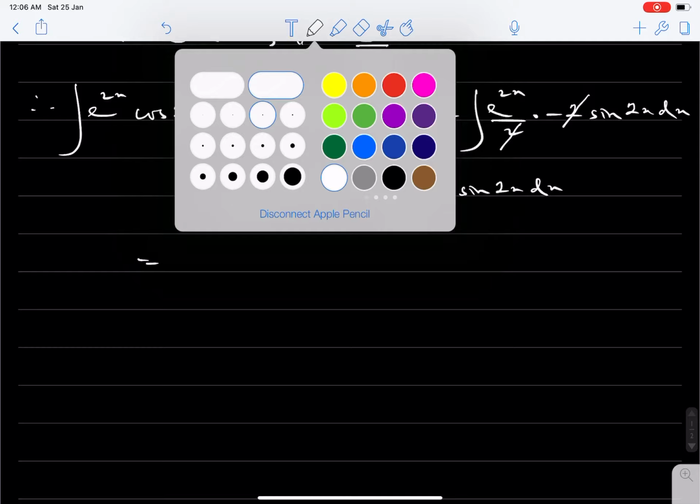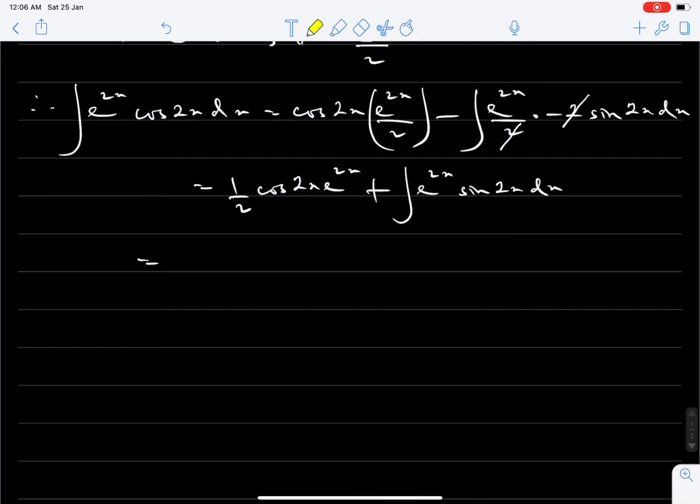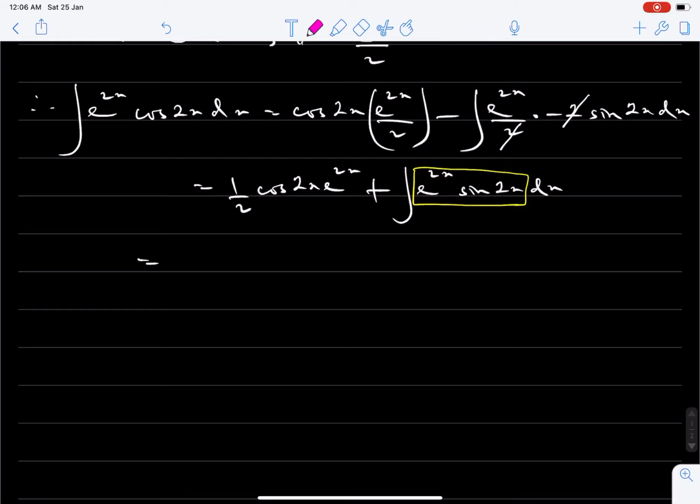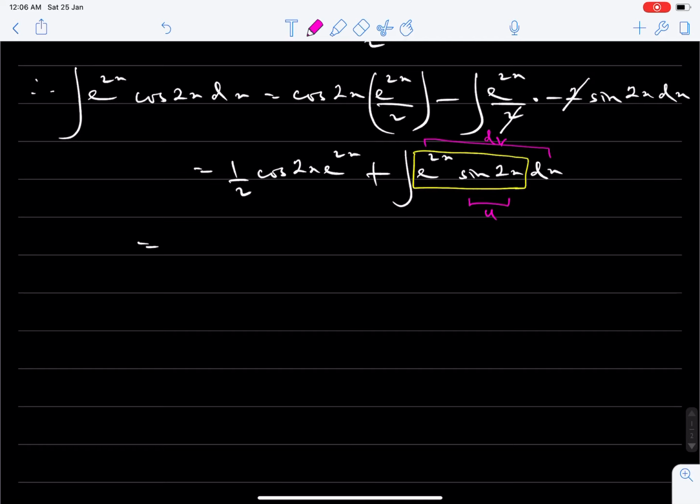We can say that this is another product of two functions, which we are also going to integrate by the integration by parts formula. So here, u is sine 2x, and e raised to the power 2x dx is dv.